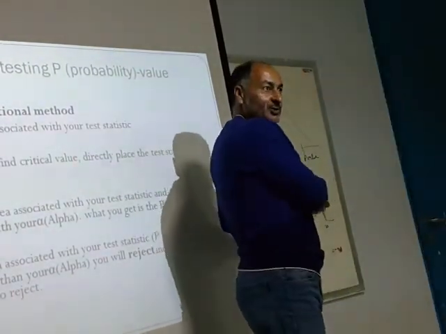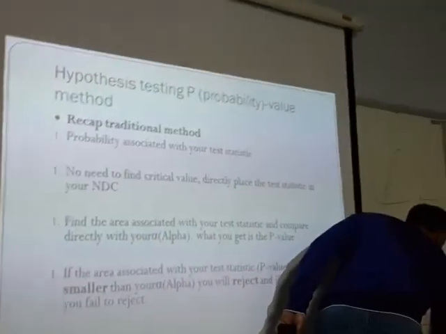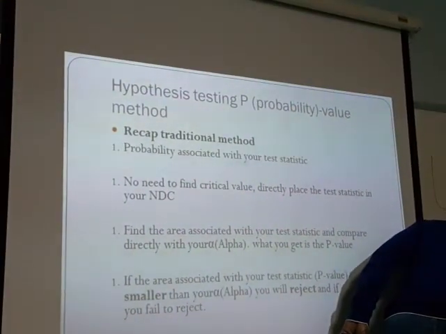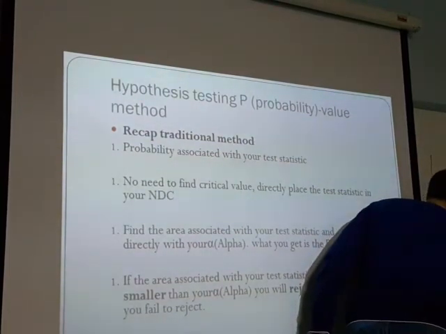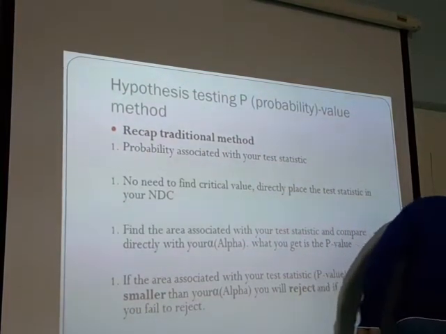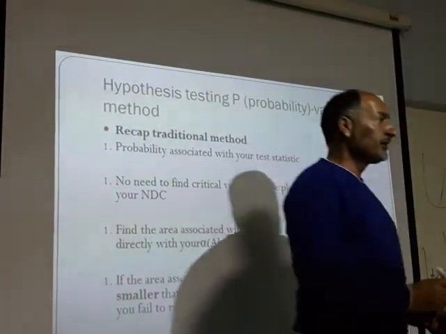So you know your alpha, you know your confidence interval. Or if it is only a left side, then 5% will be on this side, and if it's right side, 5% will be here. So 95% will be here. This will be your alpha. This is alpha. This is alpha. This is just the confidence interval.